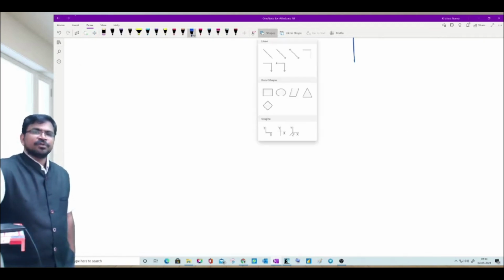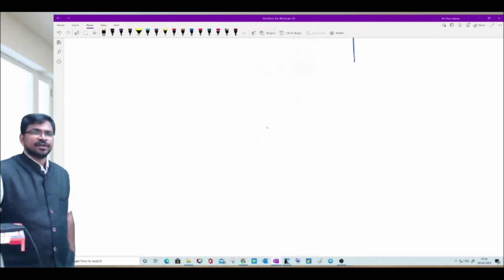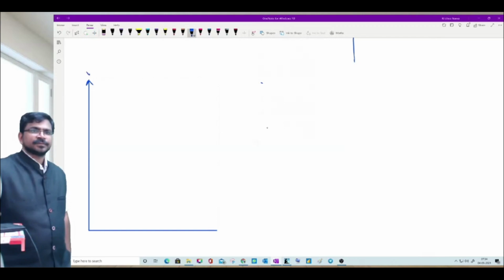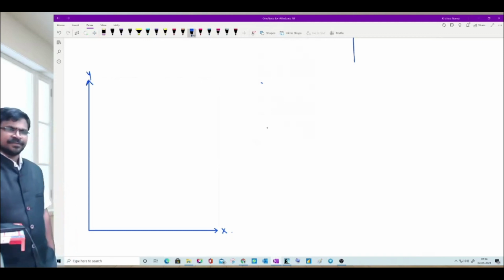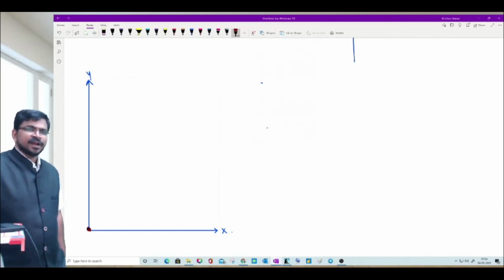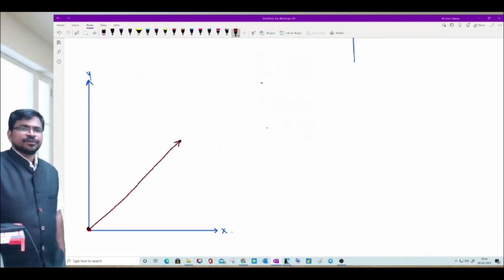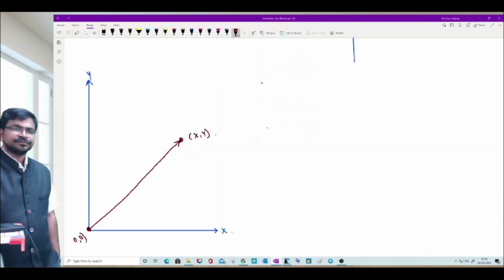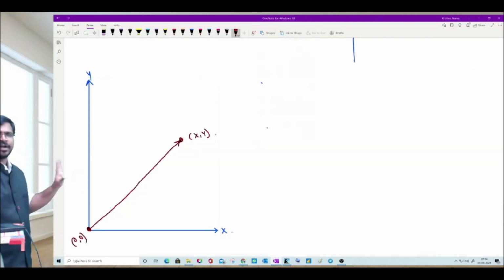For that, the same way, we will take the coordinate axes, Y and X. Let us assume the vector starts from the origin and is headed to a point X comma Y, and the initial point is 0 comma 0. This is a vector which you know already.